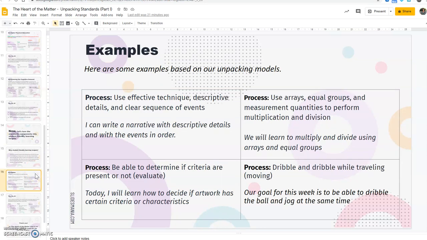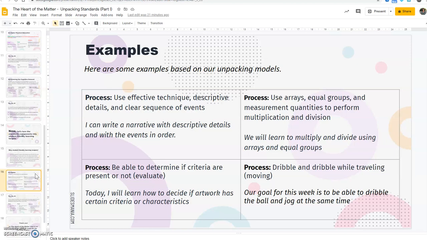So let's take a look at a few examples. I used the same examples that you looked at previously. So I took the process level from each of our examples and turned it into a student-friendly learning target. The first one for language arts says, I can write a narrative with descriptive details and with the events in order. For mathematics, I wrote, we will learn to multiply and divide using arrays and equal groups.